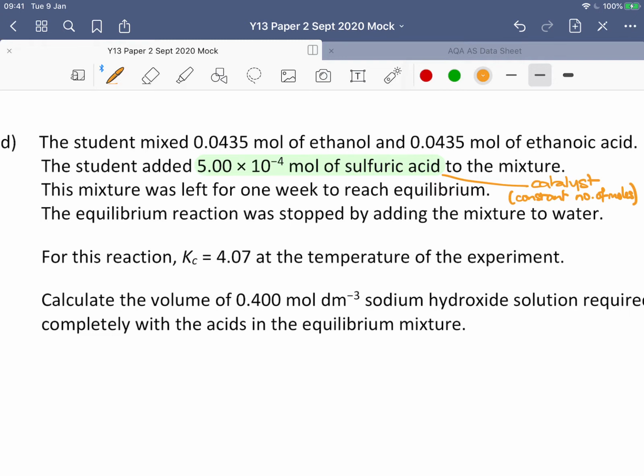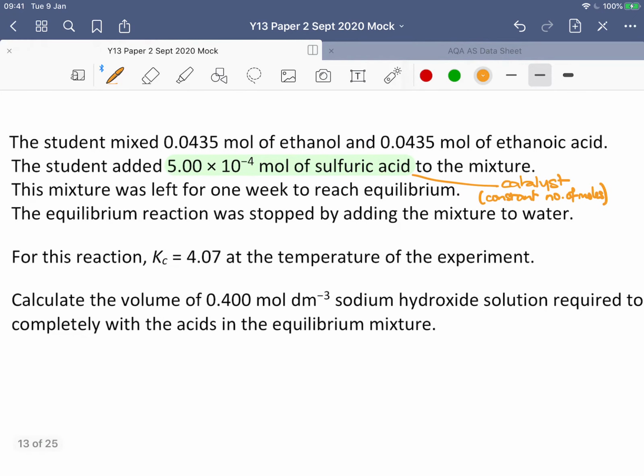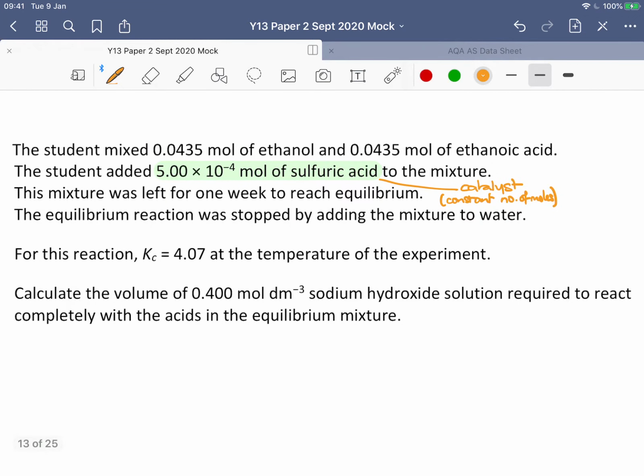And then it says calculate the volume of 0.044 moles per decimeter cubed of sodium hydroxide solution required to completely react with the acids. So that's an interesting thing to make a note of, is the fact that it's plural, acids in the equilibrium mixture.